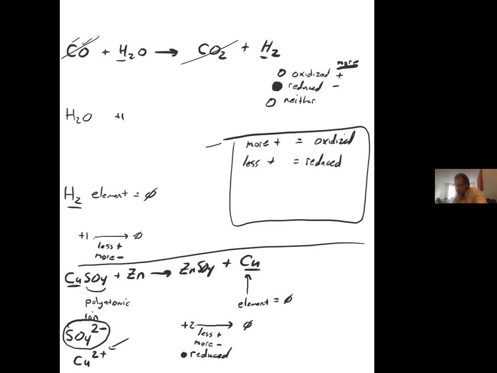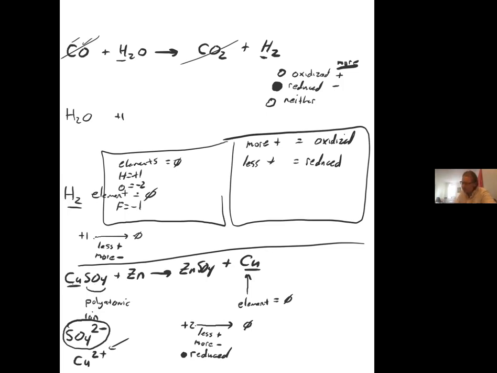And then maybe have a second flashcard where you put, elements equals 0. Hydrogen is +1, oxygen is -2, fluorine is -1. Just put a few of those rules that I went over on those flashcards and just have them next to you when you're doing the problems. And then that should help you be able to get those. And then over time, you'll actually remember them. Okay.